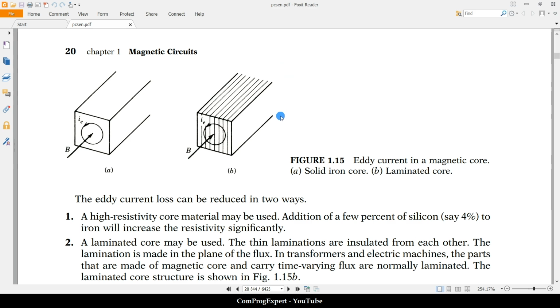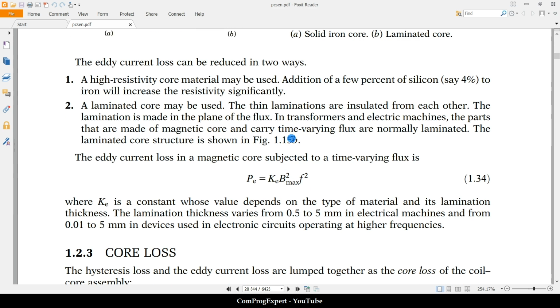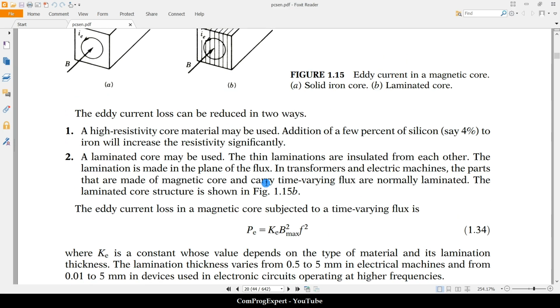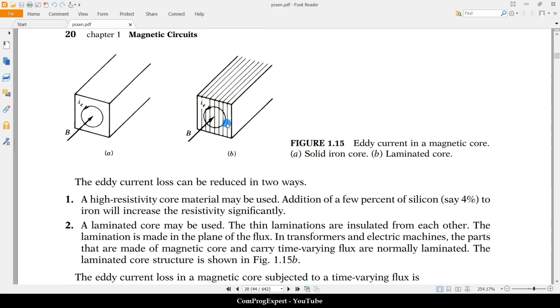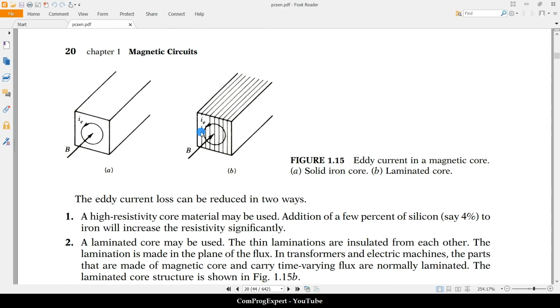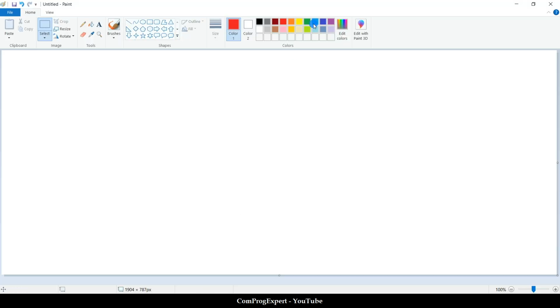So the equation that we have for eddy current losses is here, and let me explain how, using a laminated core, we can reduce the amount of eddy current losses.